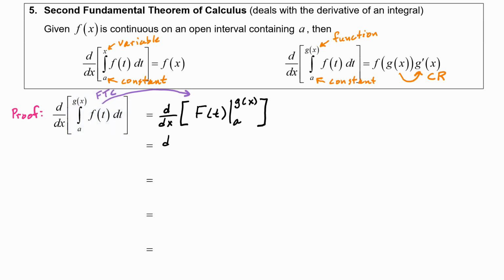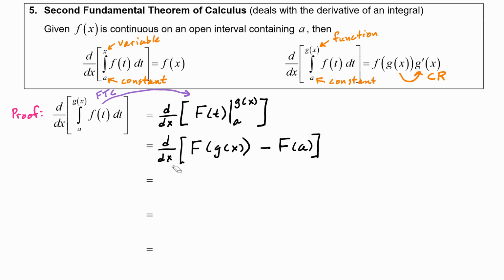So bring down the d by dx because we have not done that yet. We have to take the upper limit of our integration and plug it into the function. So we get capital F of g of x minus, take the lower limit of the integration, plug it into the function. So we get capital F of a.